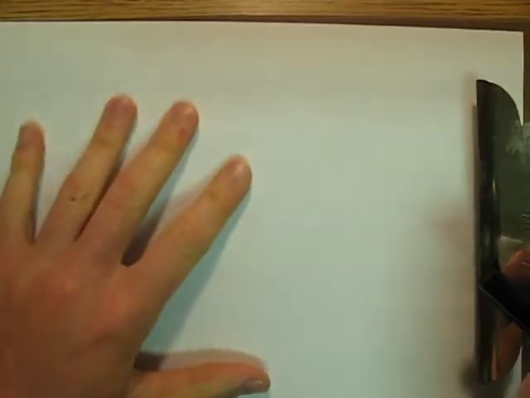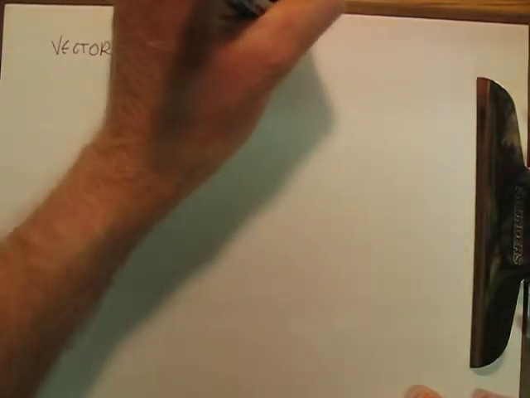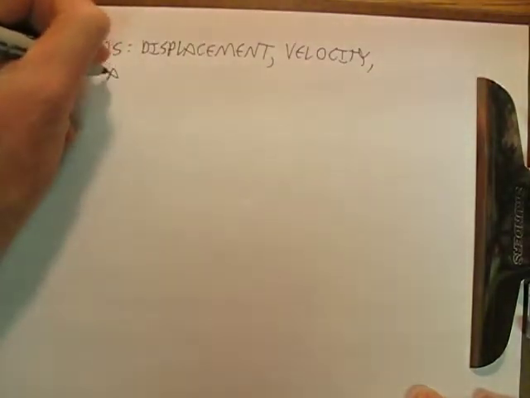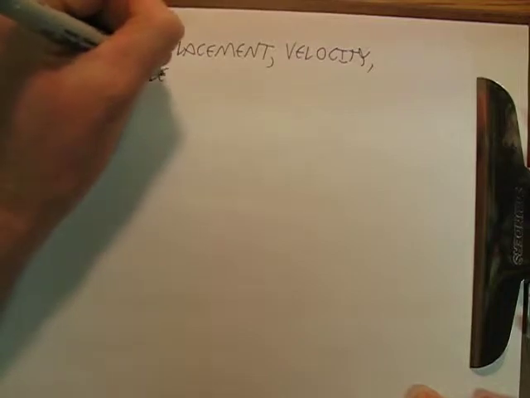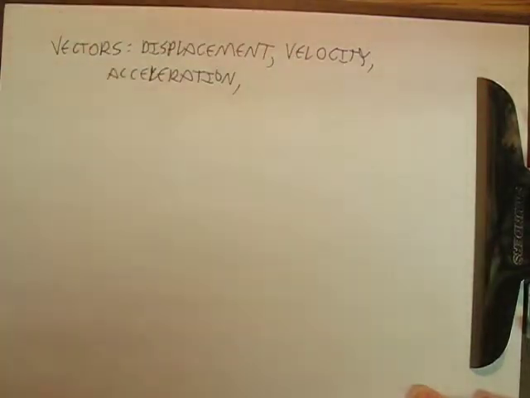Now, we gave some examples of vectors already. I'm going to list them out again. Vectors. We'll say displacement, velocity, acceleration, and we're going to get into some other ones later.